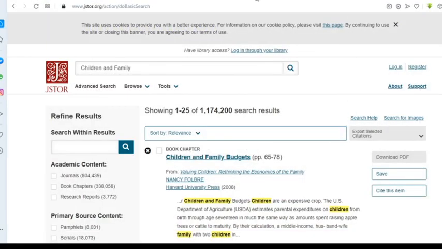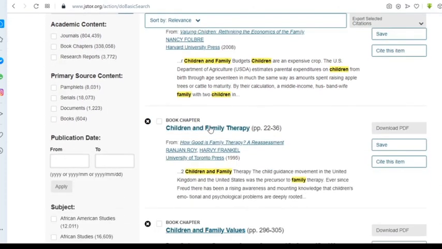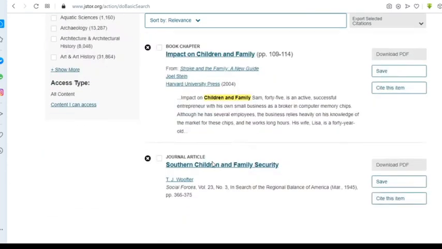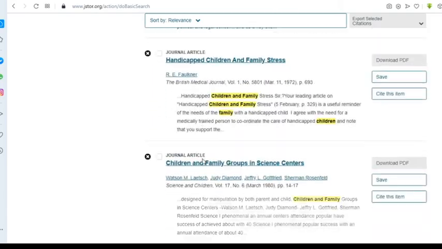So this is the site of JSTOR. You can just go to Google, then type JSTOR on the Google search engine, and I have used two terms. I have combined children and family, and this is what appeared.